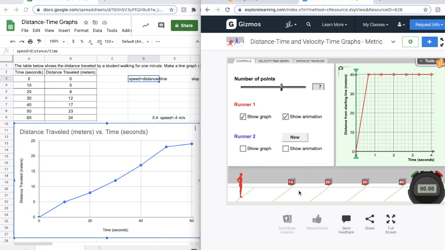Okay, so here we have our little gizmo, and I am going to try and mimic what happened on this first graph of the person walking.